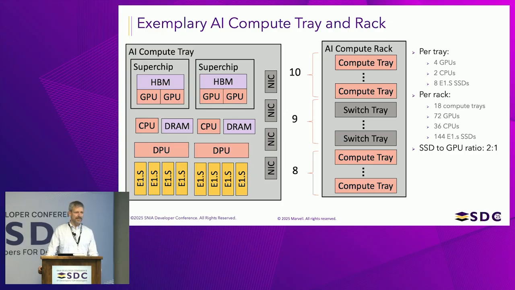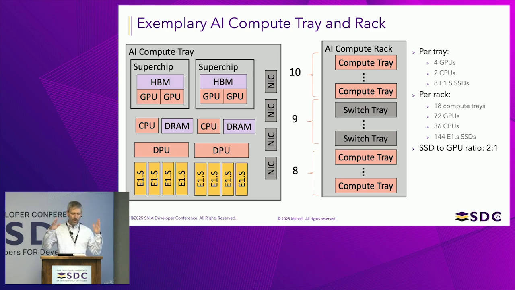And then there are NICs, networking interface cards, to connect this tray to other racks and also to the external world, and also DPUs that also have networking capabilities, but also offer storage acceleration functions. So that's one tray.